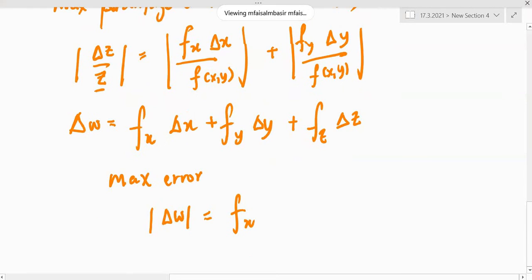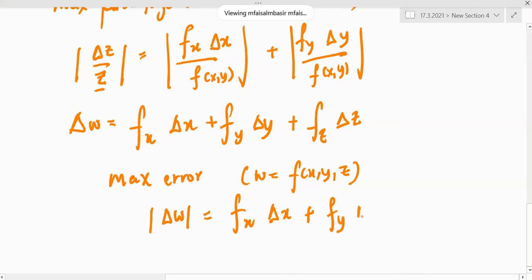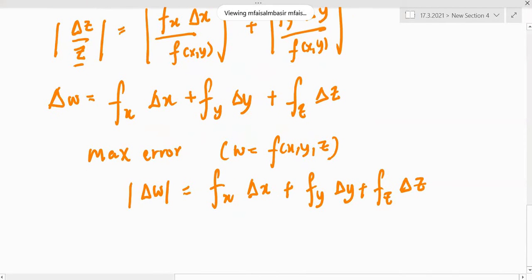So the W function of x, y, z. Fx del x plus fy del y plus fz del z. So remember the word maximum, you have to put the modular sign.